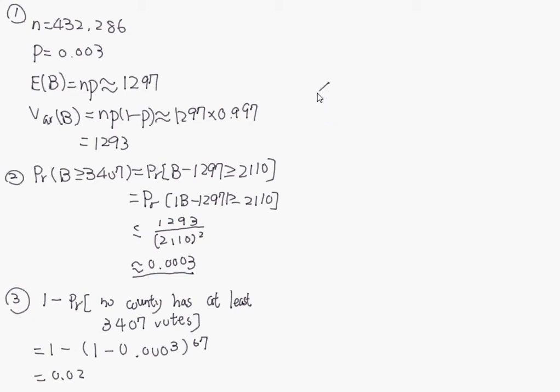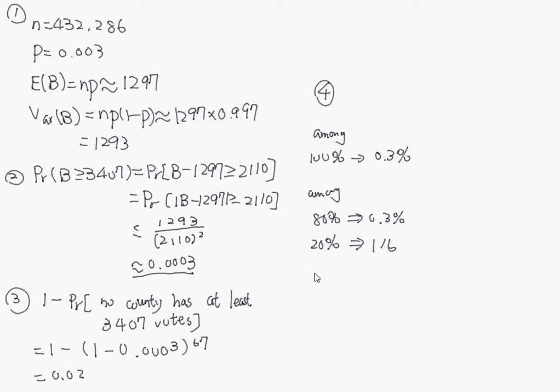Okay, for the last part, we can see that originally among 100% voters, there are 0.3% who will vote Buchanan, but the new scenario is among 80% voters, there will be 0.3% voters vote for him, and the other 20% voters, there will be 1/6 probability to vote for him.